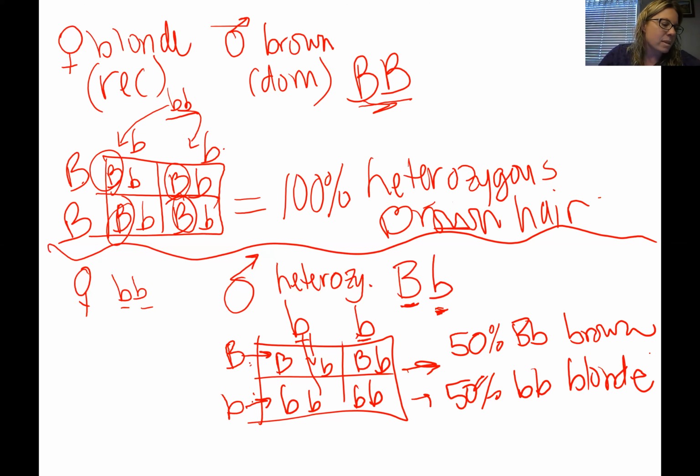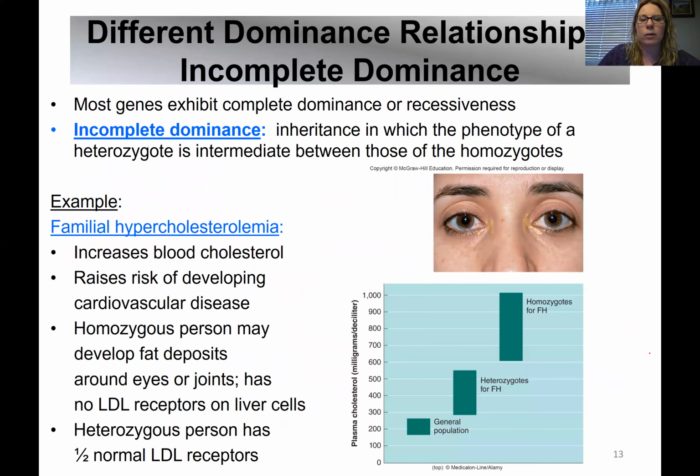Okay. All right. Now, a lot of times when we look at Gregor Mendel and his experiments on peas and so forth, and even this example that we just did on hair color, things may seem very cut and dry, okay? If it's dominant, it's going to mask completely, and only one gene is causing this trait.